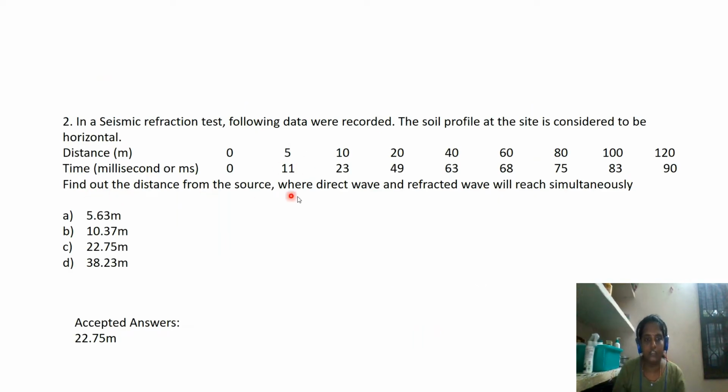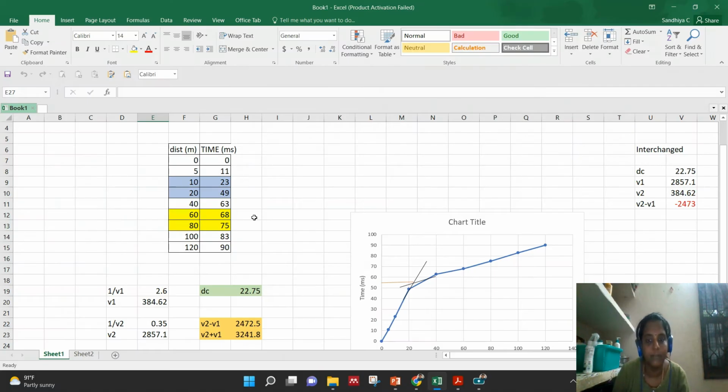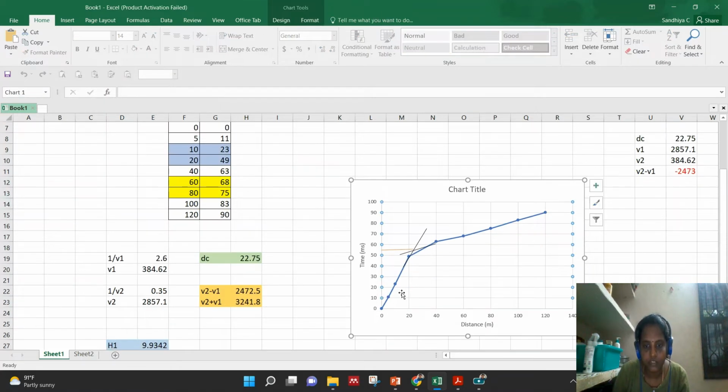Find out the distance from the source where the direct wave and the refracted wave will reach simultaneously. I have plotted the graph. In this graph we have to straighten this portion, kind of a tangent. Straighten this line and this line and see where they meet. So this distance is DC.